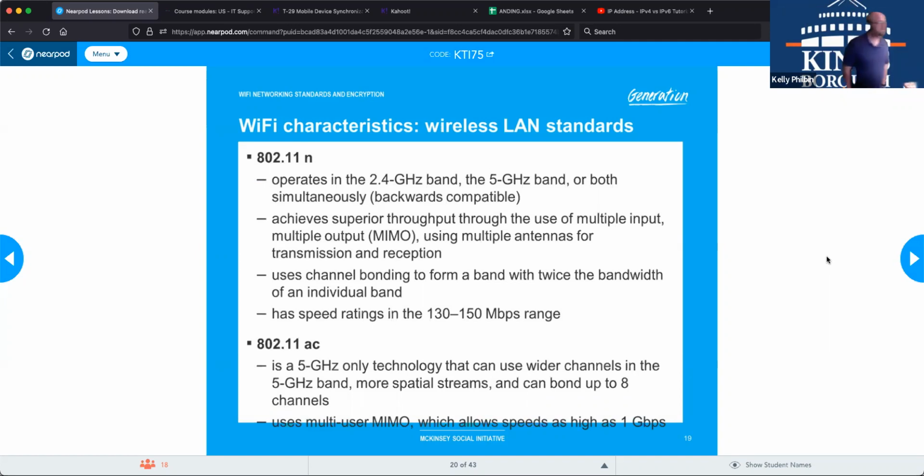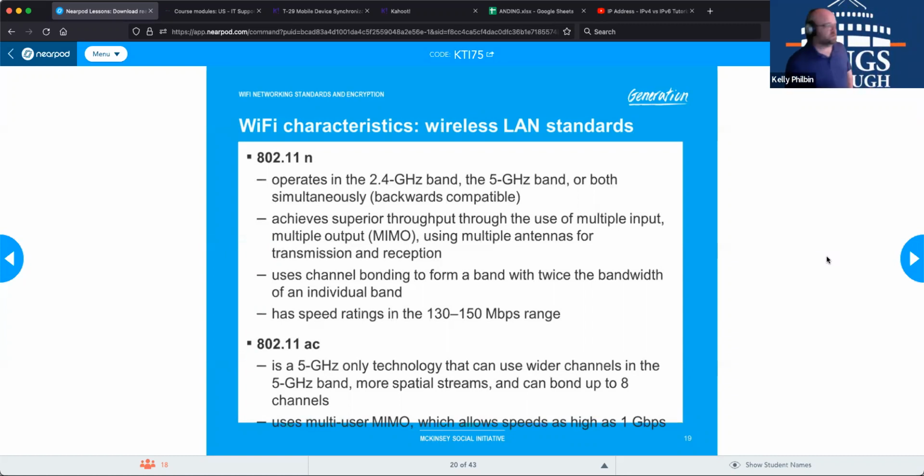All right, 802.11n. N is for Nancy. It revolutionized things. Now, in the same device, we can operate on the 2.4 and the 5 gigahertz bandwidth, or both simultaneously. It's also backwards compatible with previous generations.